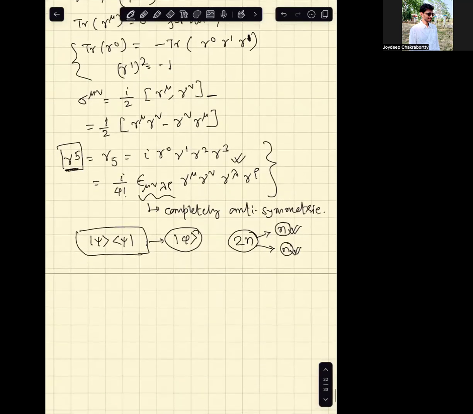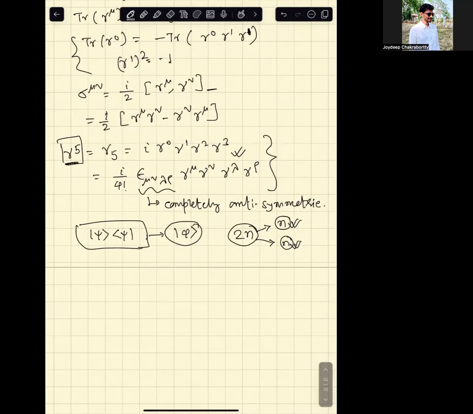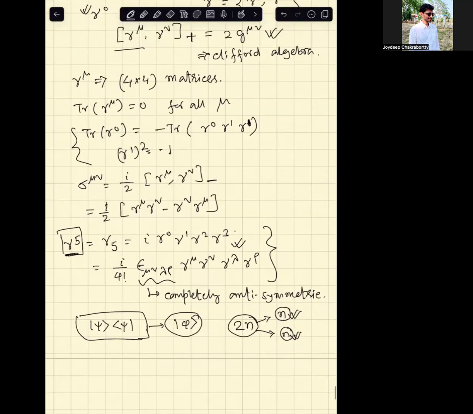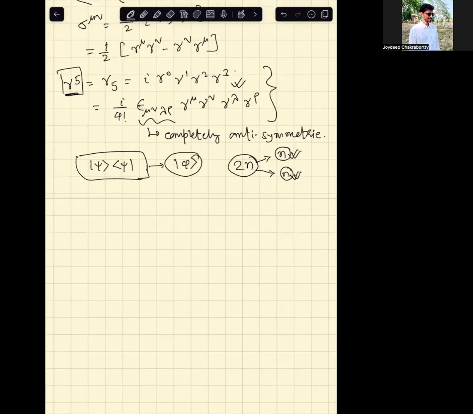You are constructing gamma phi using these 4 gamma matrices. Only when you can do that, with gamma phi as an independent operator not part of this algebra, can you construct a projection operator using this gamma phi.